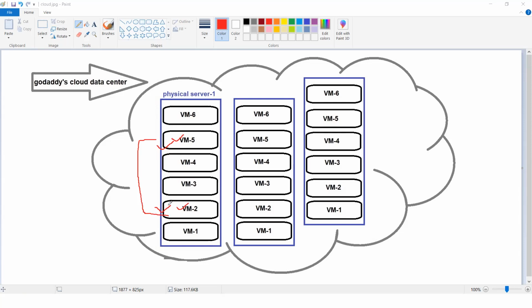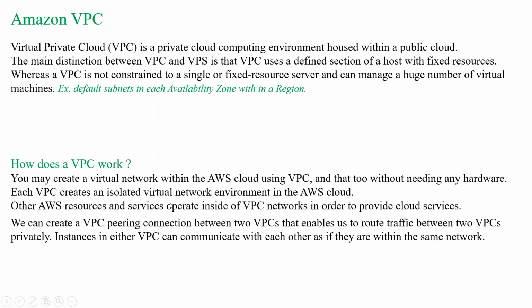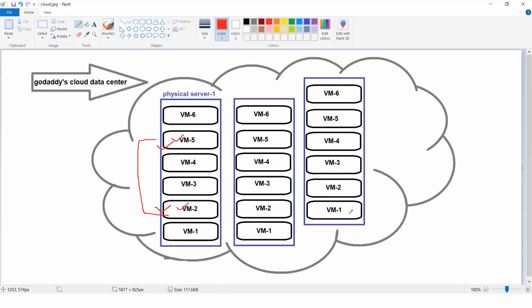So how does a VPC work? You may create a virtual network within the AWS cloud using VPC. Here, to begin with, you have a virtual private server. Using this virtual private server, you create an additional layer on top of it. That is what the virtual private cloud is.